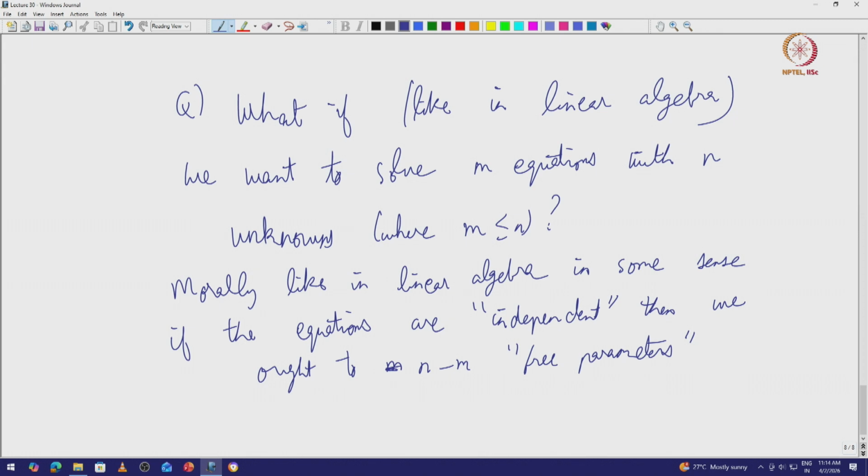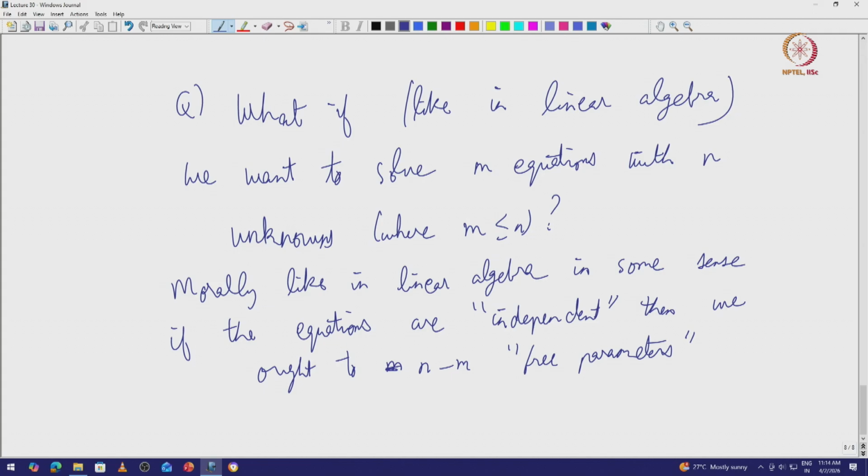But it is not just that, the space of solutions. If you try to solve Ax equals 0, then the dimension of that space is n minus m. In other words, if you have any solution to Ax equals b, you can add to it an n minus m dimensional vector space worth of vectors to get a new solution. So you have n minus m free parameters in that very precise sense in linear algebra.